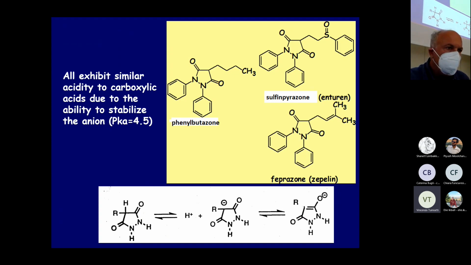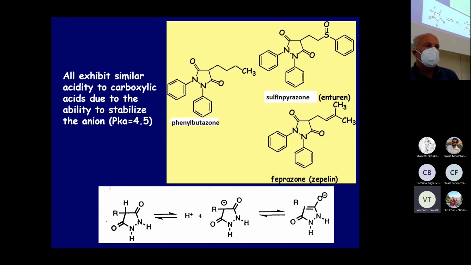You see here the exponent, the prototype, phenylbutazone. And if you see this chemical structure, we can ask a question. Where is the acidic function in this class? Because no carboxylic group is present in the chemical structure.